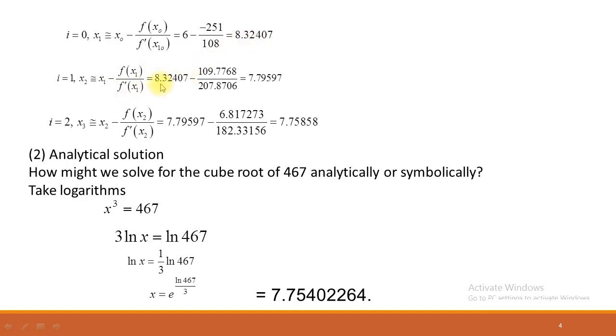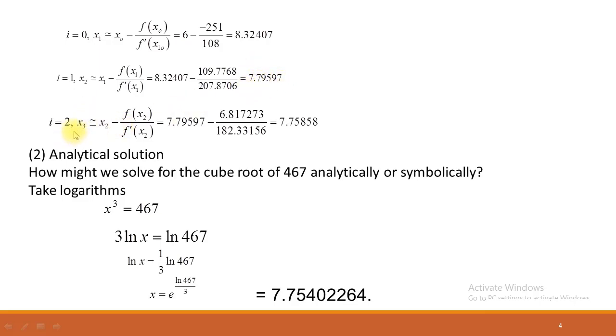The value of the function at this x1 is 109.7768, divided by the derivative of the function at this x1, which is 207.8706. So after simplification, x2 equals 7.79597.